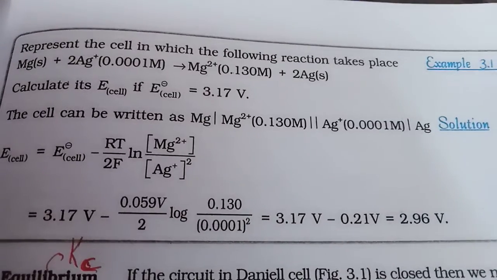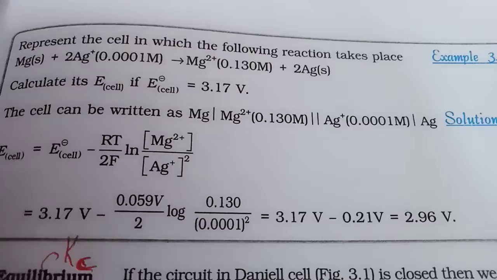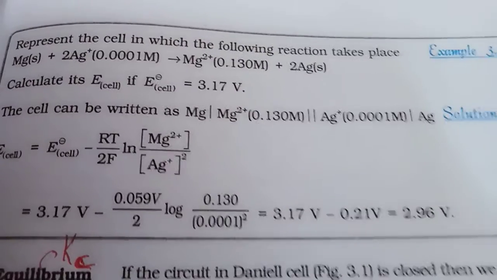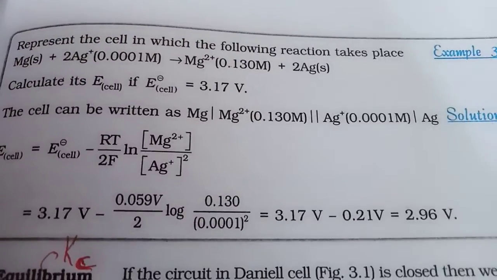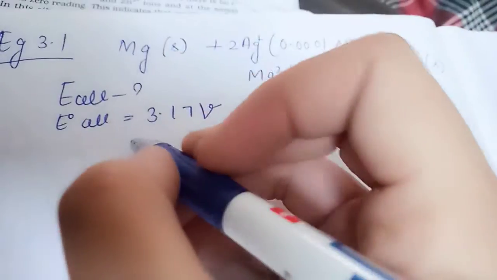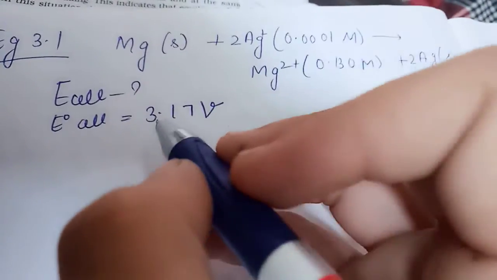For the solid substances, the concentration is taken as 1. We have to calculate E cell if E naught cell is 3.17 volt. So let's start. Basically we have to find E cell, and also we need to write the equation.